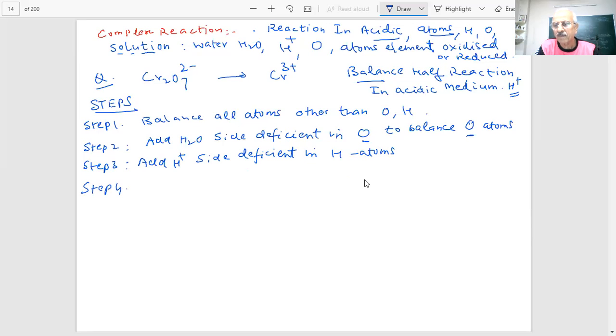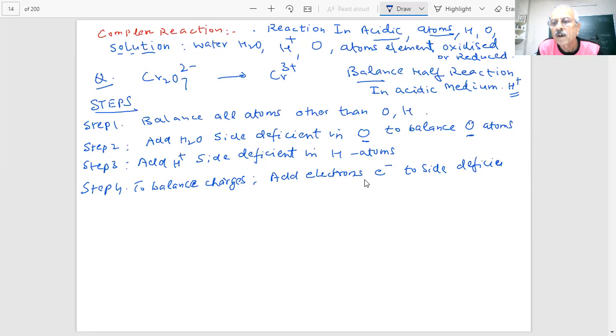After this, students, step 4. Charges have to be balanced. How to balance the charge? Charges should be the same on both sides, reactants and products, yes or no? Add electrons, e minus, to the side deficient in negative charge.